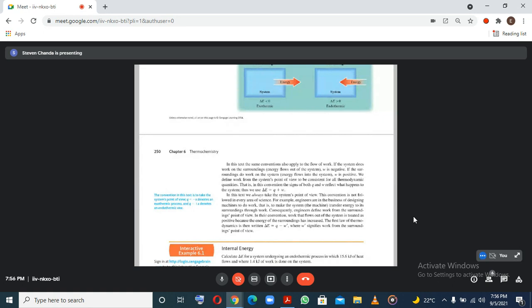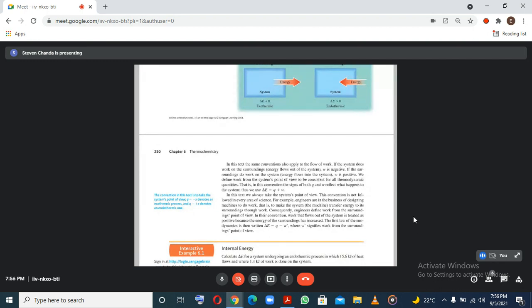So internal energy. Calculate the internal energy of a system undergoing an endothermic process in which 15.6 kilojoules of heat flows and where 1.4 kilojoules of work is done on the system. First of all, you want to ask yourself, remember you're looking at internal energy, the energy that the system has.